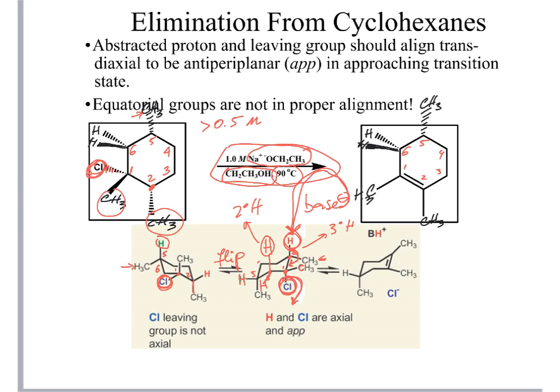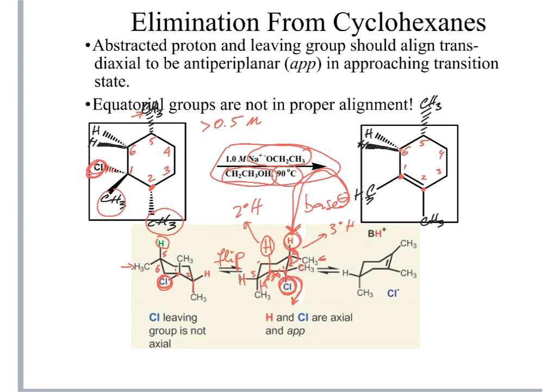The new pi bond will be between carbons 1 and 2, and not between 1 and 6 over here. This pathway is not followed. Double bond between carbons 1 and 6 would have led to less highly substituted non-Zaitsev product with only 3 groups on a double bond.